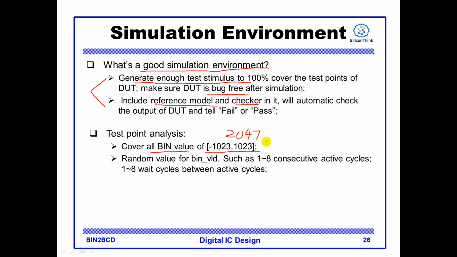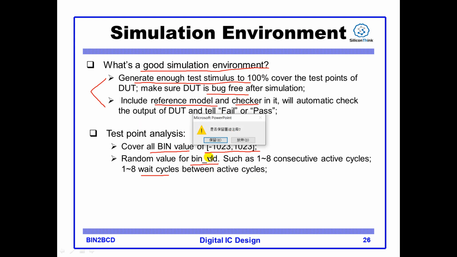This number is not big, so you can cover all the values. Yes. And you should have random values for valid, such as 1 to 8 consecutive active cycles. Then you can also have 1 to 8 wait cycles between active cycles.